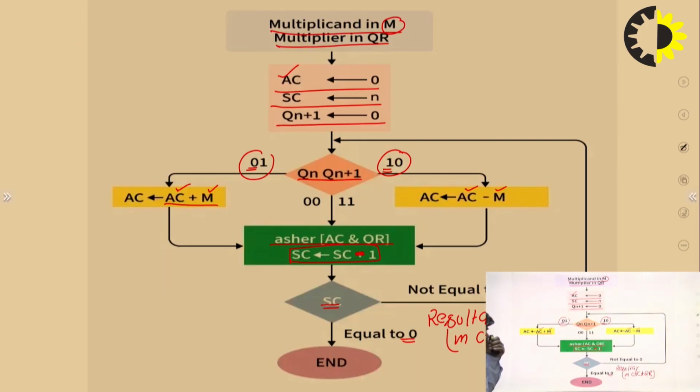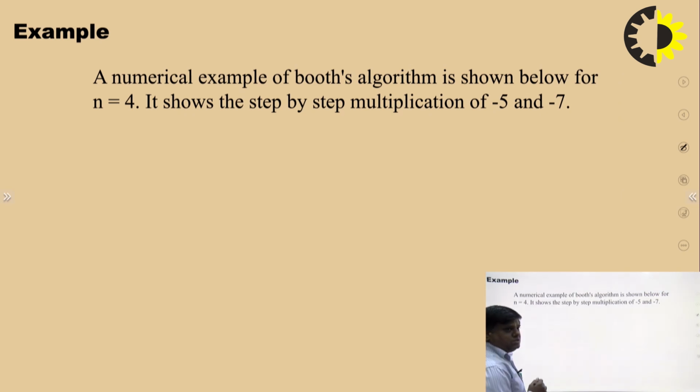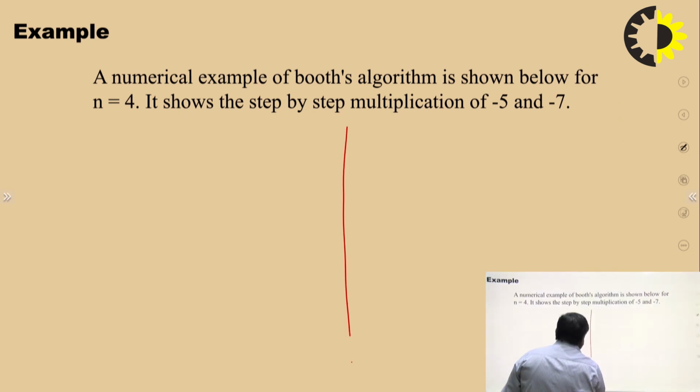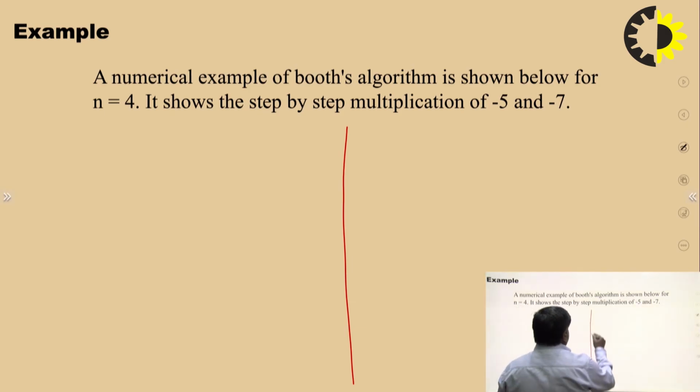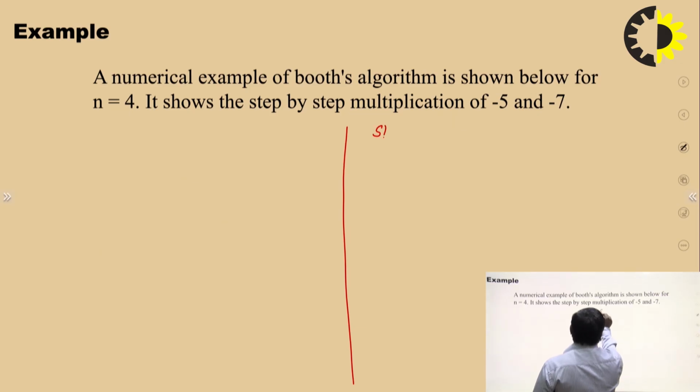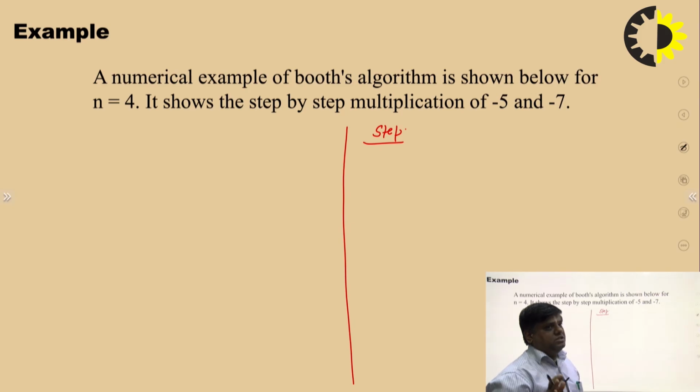Now, we write the very simple algorithm for this flow chart. Here I write the algorithm, and then we take a very simple example to understand both. The whole algorithm is classified into 3 steps.